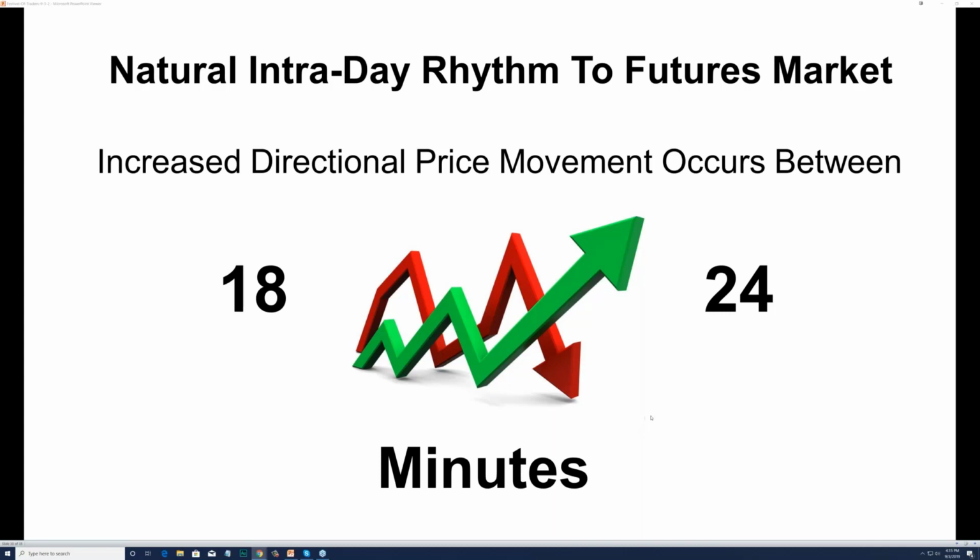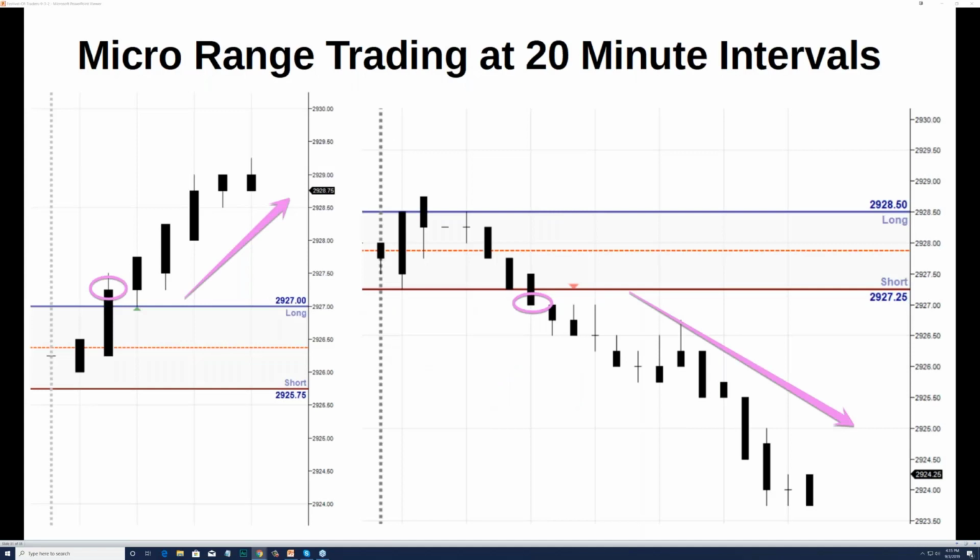Now, what I did then is I created a special micro algo that works at a really fine-tuned, micro level, right in that range of between 18 and 24 minutes. According to my analysis and research, most of the breakouts occurred 2 to 3 minutes after that window started. So that puts us at right around 20 minutes.